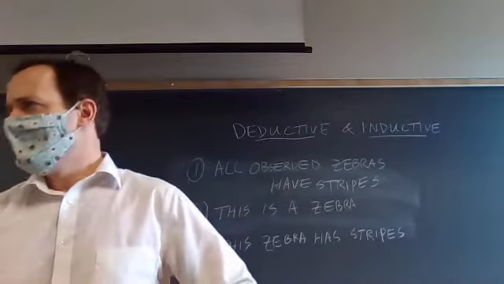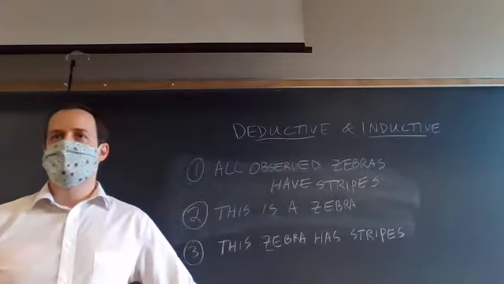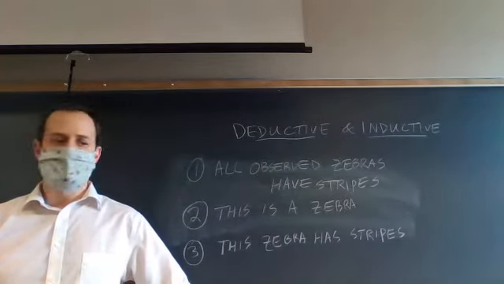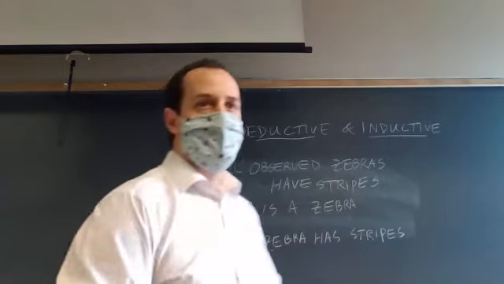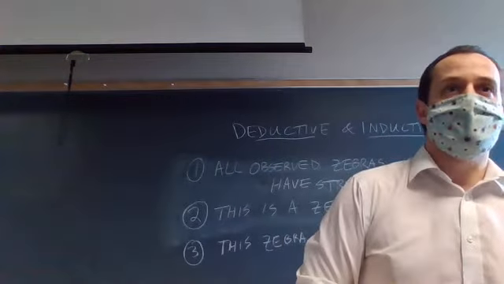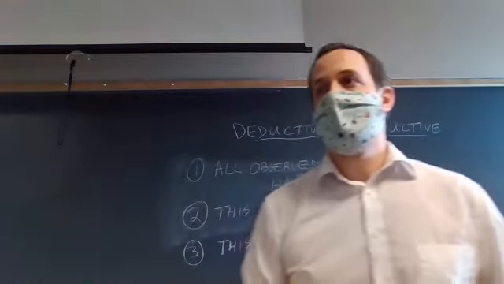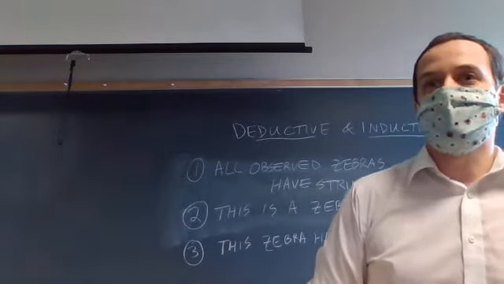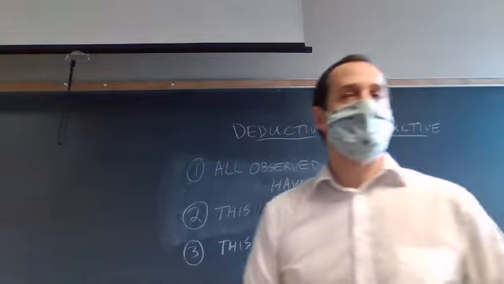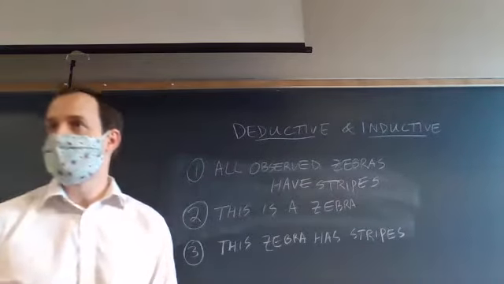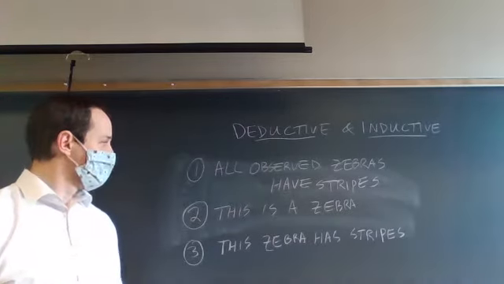So if all the zebras that everybody has ever seen all have stripes, that does not necessarily mean that all zebras as such have stripes. It simply means that all the zebras we have seen have stripes. There could potentially be other animals that fulfill the category designation zebra that do not have stripes.